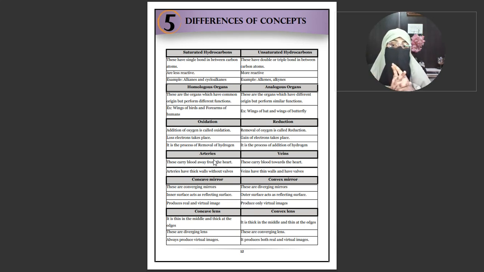Diverging means all the light rays which come to the lens will get diverged. That means they will not converge at a point. If two rays are coming over here, they will go far from each other. They will not converge at one point. Okay, so this is the meaning of converging and diverging.